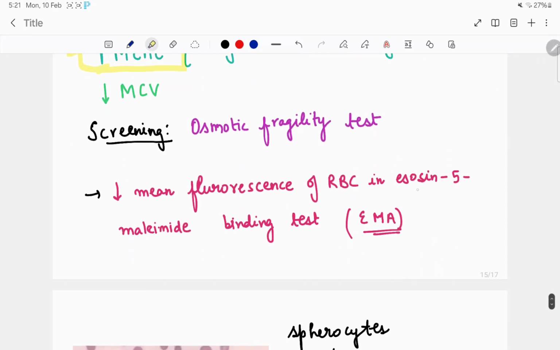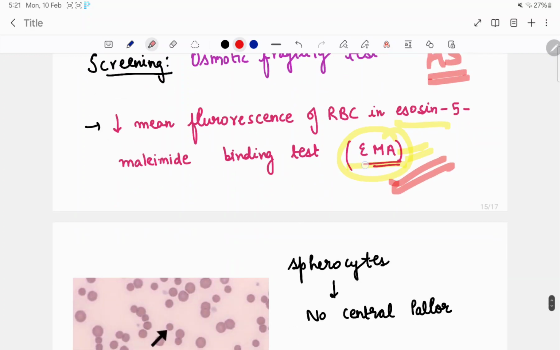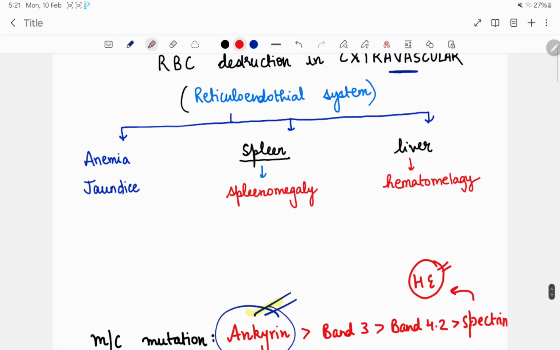And very important is this: no need to remember all this. Just remember EMA, the eosin-5-maleimide binding test, which is decreased. So you can learn like this: in hereditary spherocytosis, EMA is the most important test. So this is about hereditary spherocytosis.